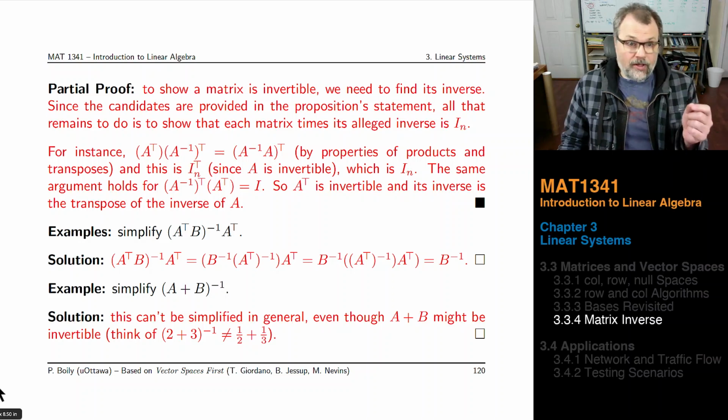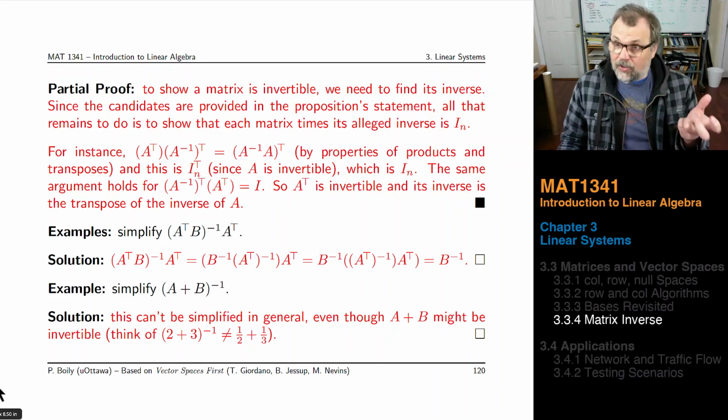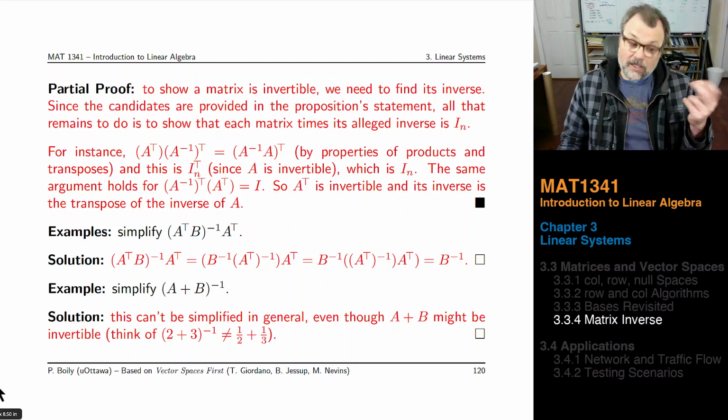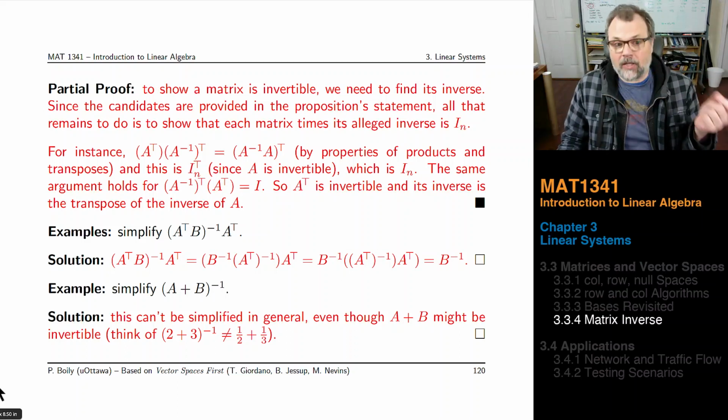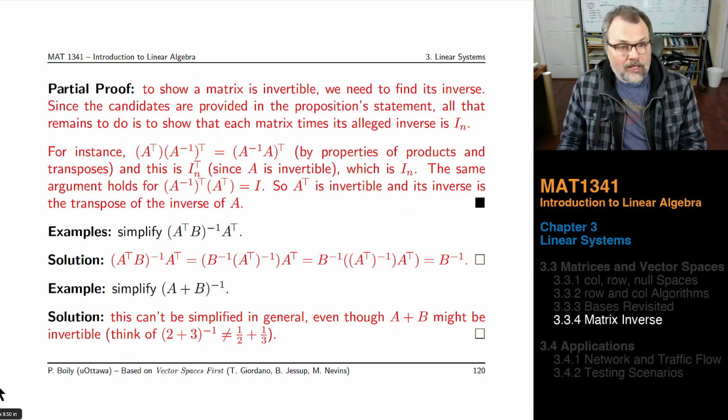The important thing, though, is that these algebraic properties of inverses are nice with respect to multiplication. So if I look at B inverse times A transpose inverse times A transpose, can I simplify this to some extent? Sure, I can.